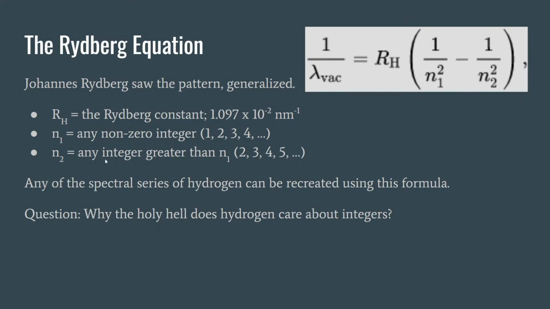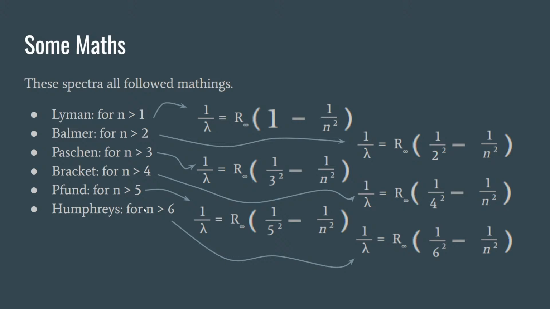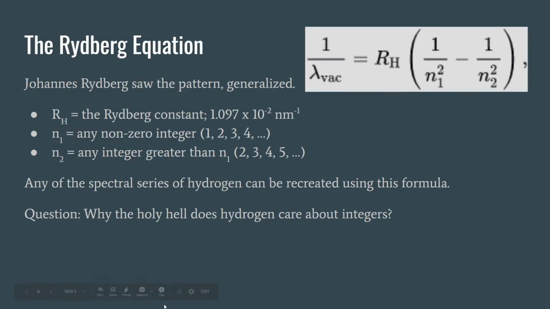And then N2 is any positive integer greater than N1, so 2, 3, 4, 5, etc. And thus, using this more general equation, you can recreate all of these equations and thus create any spectrum you care to name for hydrogen. Okay. So that is the Rydberg equation.